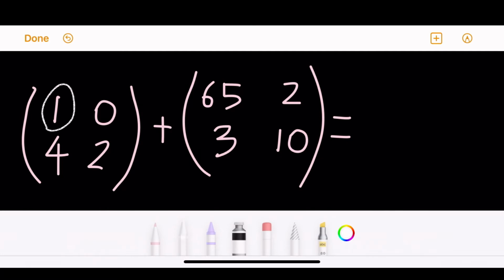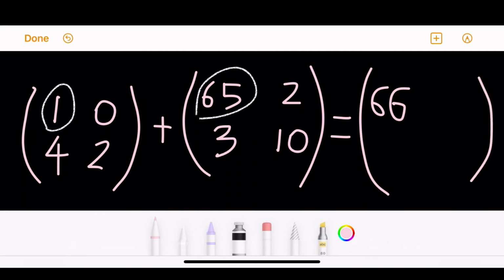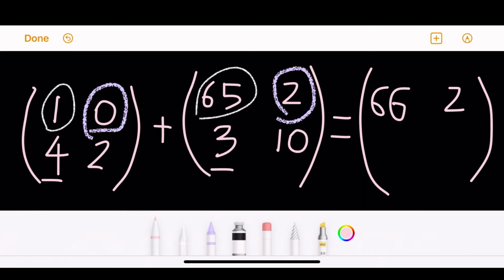All you do is add the corresponding entries. So first we do 1 plus 65, which is 66. Then 2 plus 0, which gives us 2. Then 4 with 3, which is 7. And lastly 10 with 2, which is 12. And that's it. With addition and subtraction, we simply add the corresponding positions.